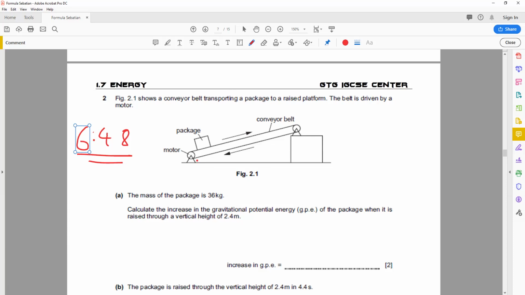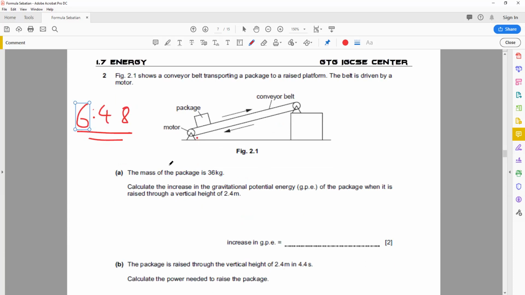Okay. Teresa, you done? With the first question? Yeah. Okay, good. Let's go through this question together real quick. So what information do you have? You obviously have the mass here, and you have the vertical height here, and you're asked to find GPE. GPE's formula is mgh, right? Which you are going to write 36 multiplied by 9.8 multiplied by 2.4.